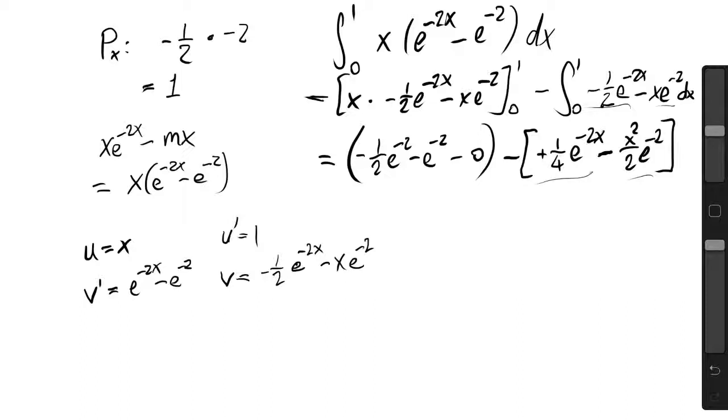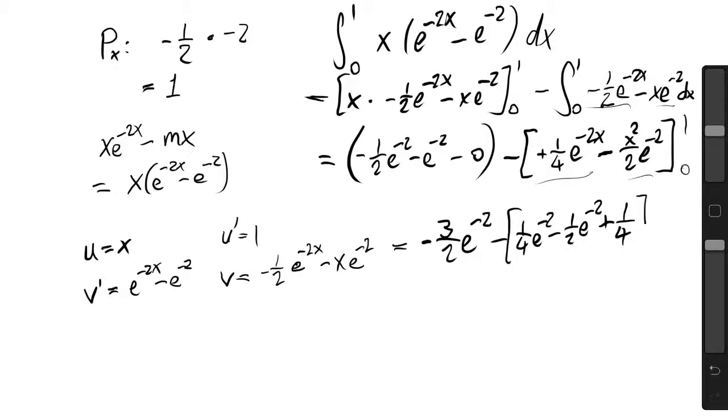Yeah, so that looks okay, and we put in the limits 1 and 0, and on the left here we have minus 3 halves e to the minus 2, then we take away, for x is 1, a quarter e to the minus 2, take a half e to the minus 2, then for 0 the second term goes away and the first term, e to the 0, is plus a quarter.